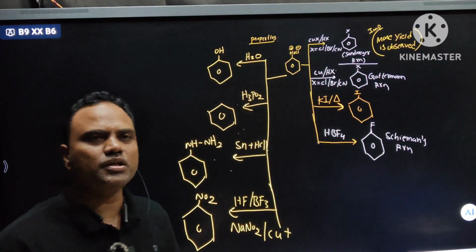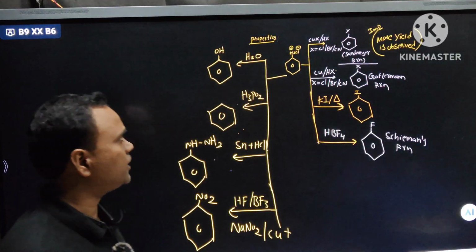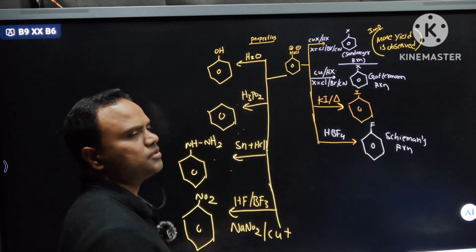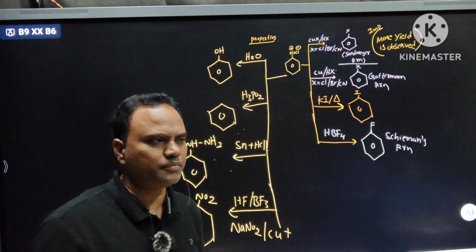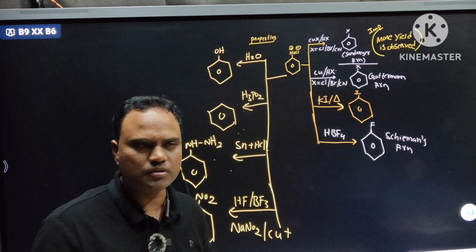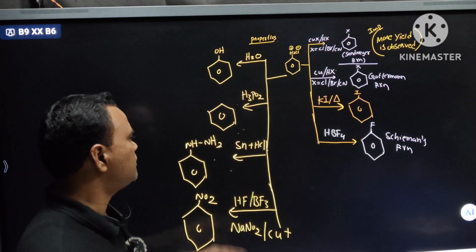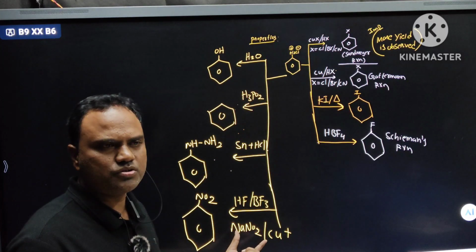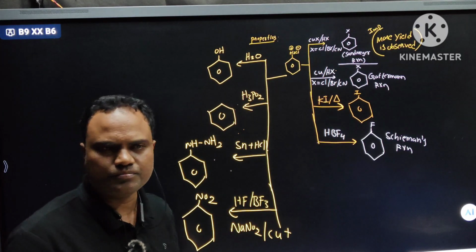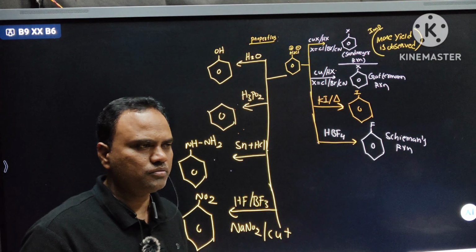These are conversions only, there is no proper mechanism, we have to learn them by heart. How to remember: the first two are easy because phenol is a famous compound, so you can remember that we did this reaction in the phenol chapter, and the second one is benzene preparation. So these two are new, we have to learn these two. Okay, right, coming to the other properties.